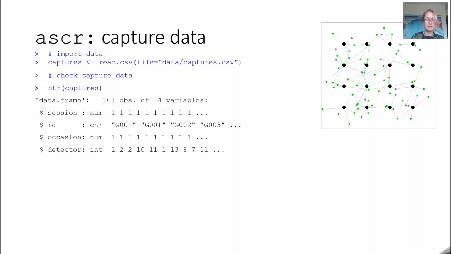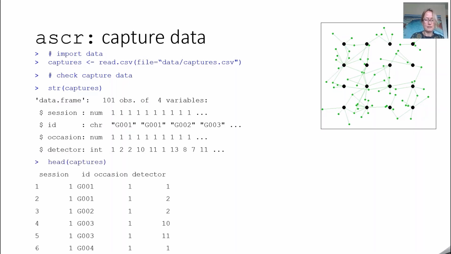It just gives us a nice idea about what the data object is and what it contains. We can also have a look at the data in the object using the function head. This will print the first 6 rows of the object. This looks a bit more familiar to see it in this format because it looks similar to the CSV sheet from the previous slide. And in the next slide, we'll use an ASCR function to create a capture history from these data.